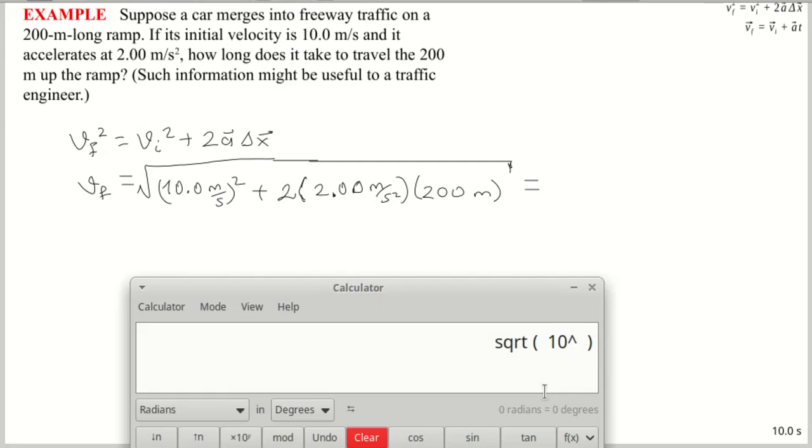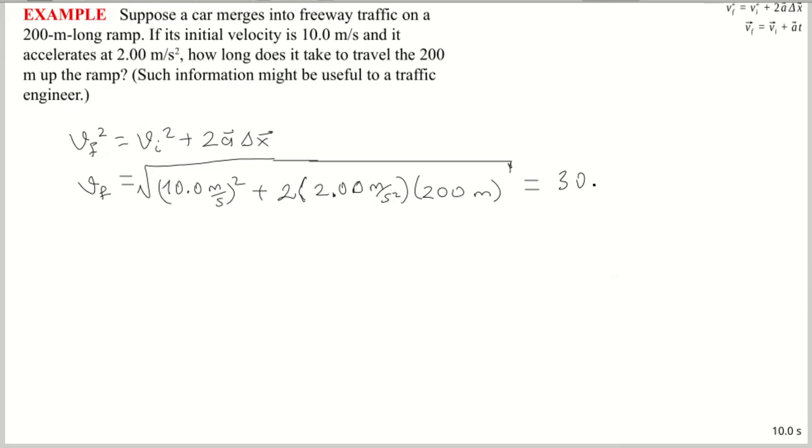Ten squared plus 2 times 2 times 200 under the square root is 30 meters per second. That's the final. So it starts with 10 meters per second and then goes up to 30 meters per second.